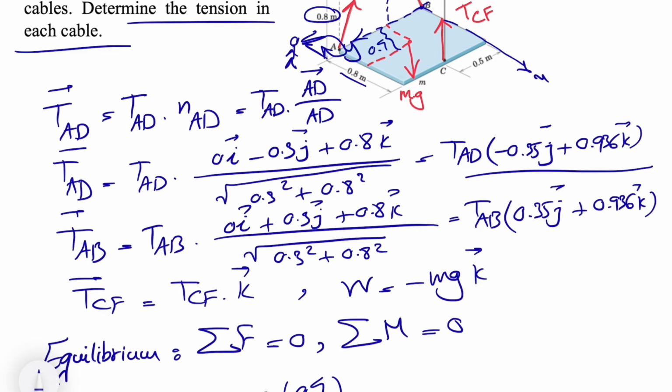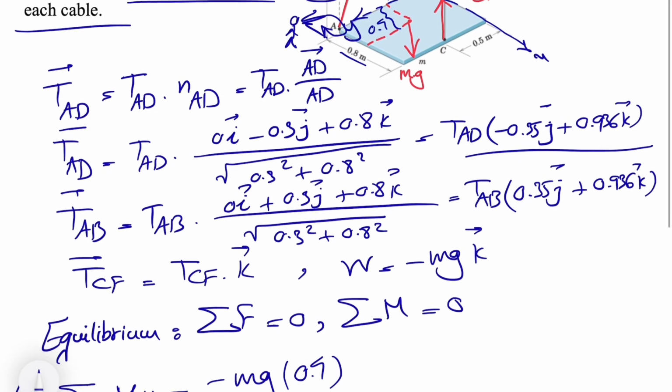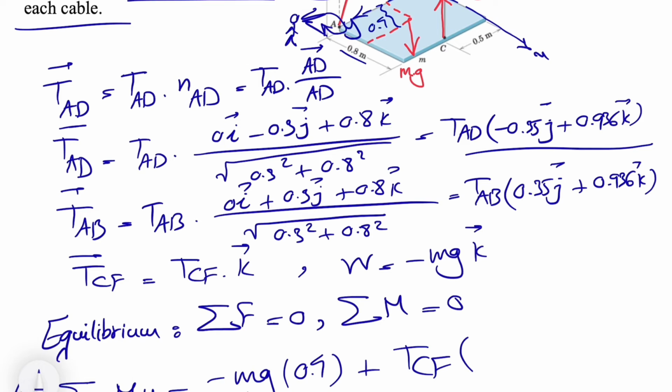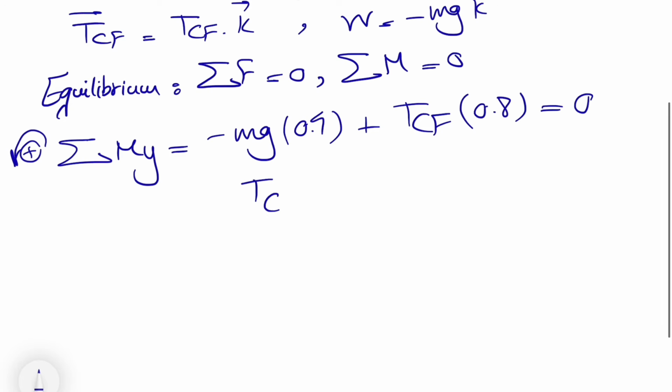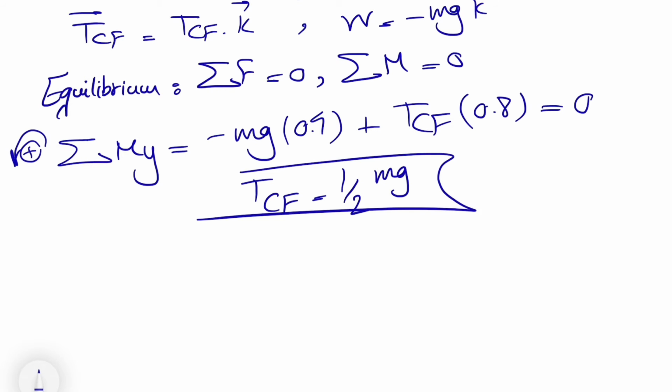And if we look at the moment of the TCF, we'll see that TCF will be positive since it's counterclockwise about the y-axis, looking at the y-axis from this little guy that we have in here, and the distance would be 0.8, equals 0. And from here we can figure out TCF is half of the weight. So that was the first equation.